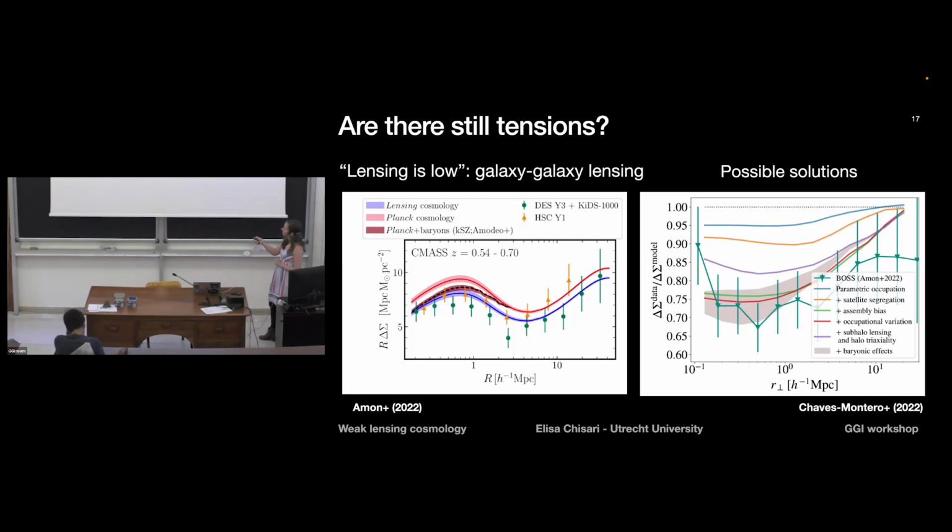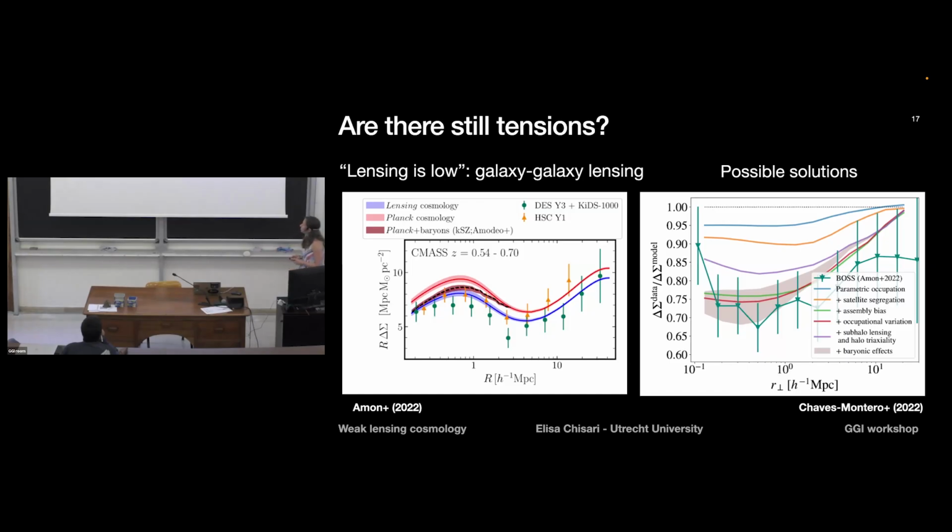So Planck here is the pink, green is DES plus KiDS, and orange is HSC. And this is low. So why is it that galaxy-galaxy lensing is low at the very small scales? This seems to point to a different problem.